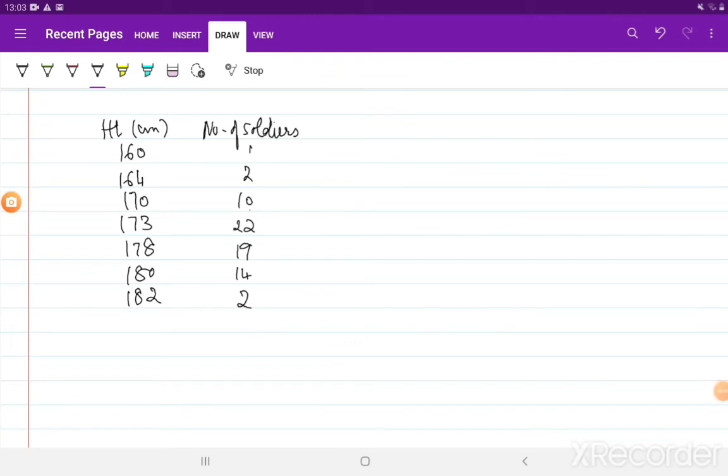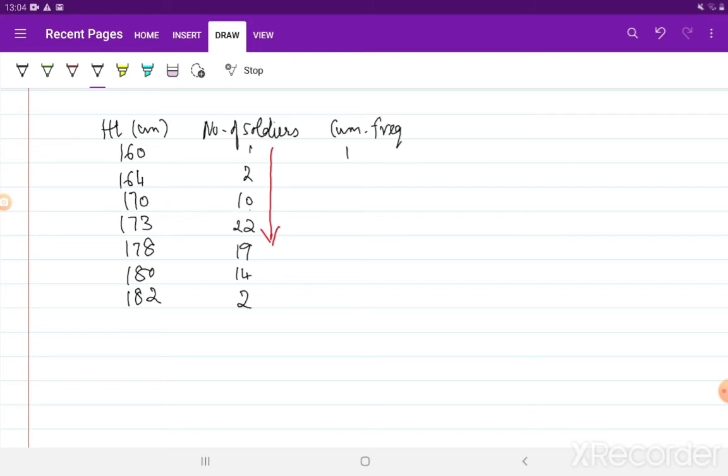Let's have a look at another example. This is directly from the guidebook. You have got height in centimeters, ranging from 160 going till 182, and you have got the number of soldiers reporting to this height. Again, when you have a discrete series and you have the frequency table associated with it, the first step is to calculate the cumulative frequency. Remember, I am adding it up downward.